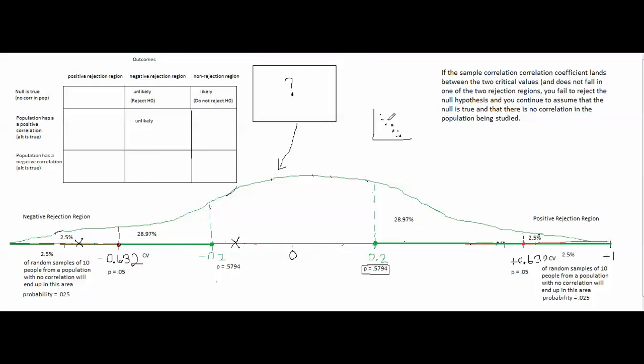And this type of an outcome that you would find in the negative rejection region is unlikely to happen if the population has no correlation, and it's also unlikely to happen if the population has a positive correlation, because if the population is positive like this, it's unlikely for a sample from this population to end up being a strong negative. So this is also unlikely.